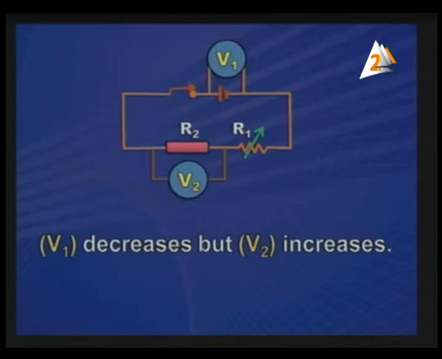Now, what about V2? How do we determine the value of the voltage across R2? It is the product of R2 and the current. R2 is constant, so what determines the value of V2 is the current intensity. What happened to the intensity of the current? It increased, so V2 increases.